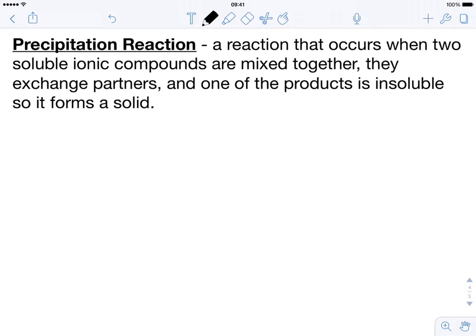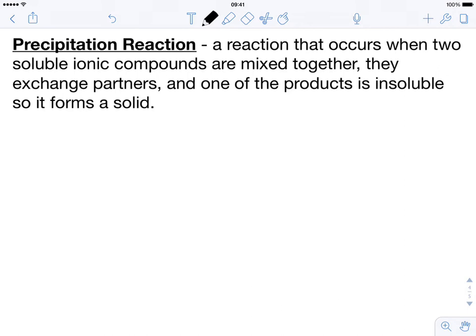They exchange partners, like we saw in the exchange reactions, but one of the products is insoluble, meaning it cannot dissolve in water. Since it can't dissolve in water, it forms a solid. The more specific term for the solid is a precipitate. So in a precipitation reaction, a precipitate is formed.